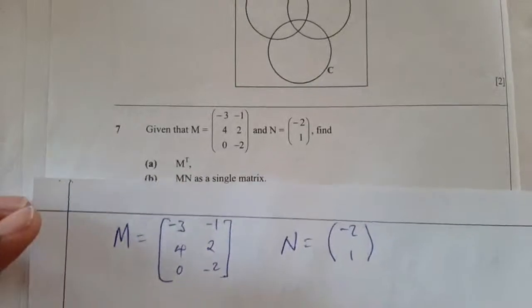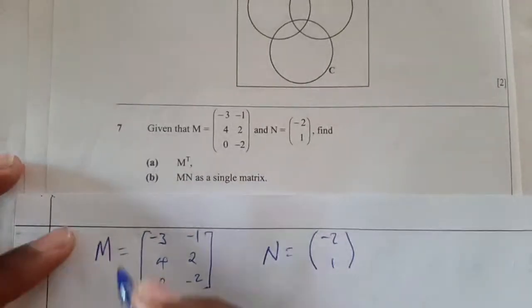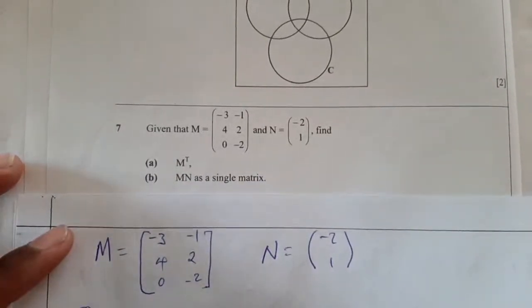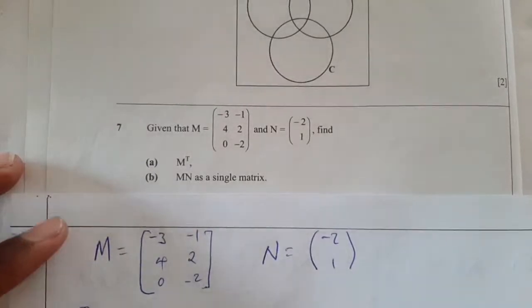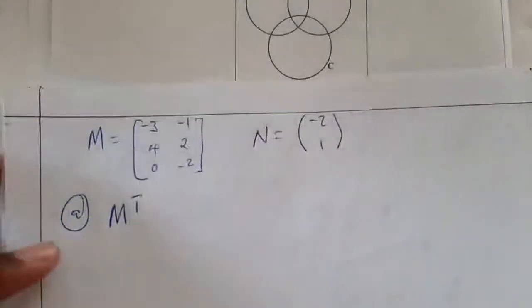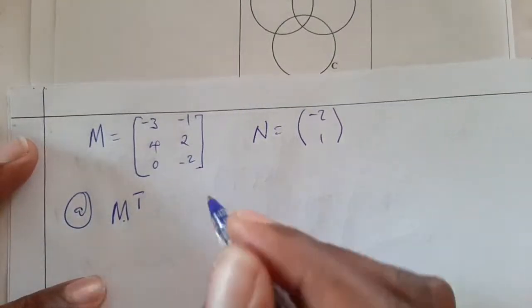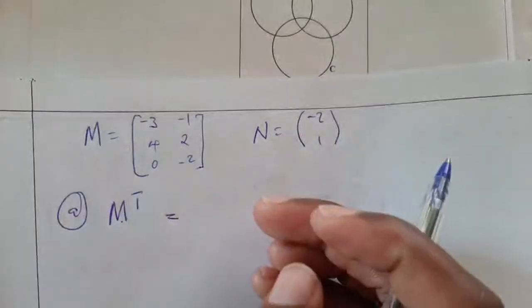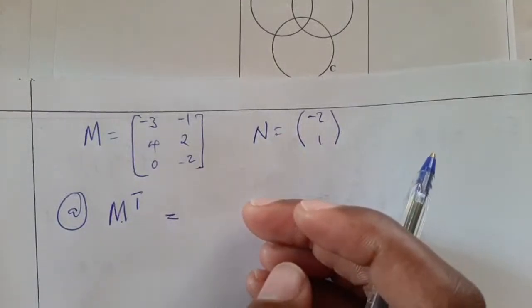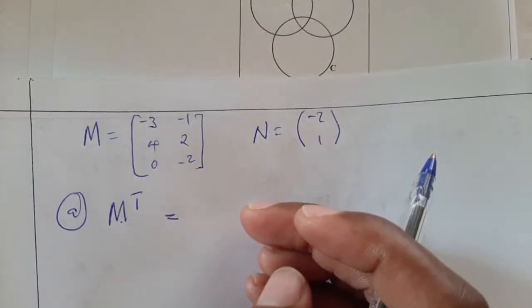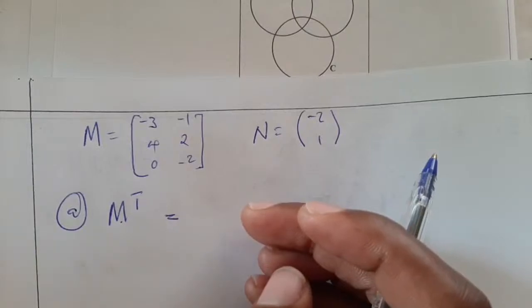Okay. So from here, question A is asking us to find M transpose. To transpose a matrix simply means to interchange the rows and columns, or the columns and rows. That's what it means.